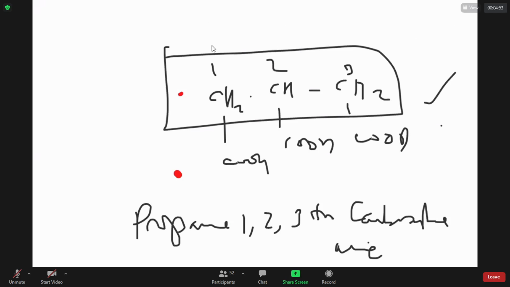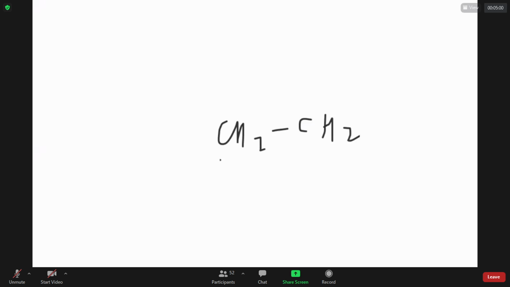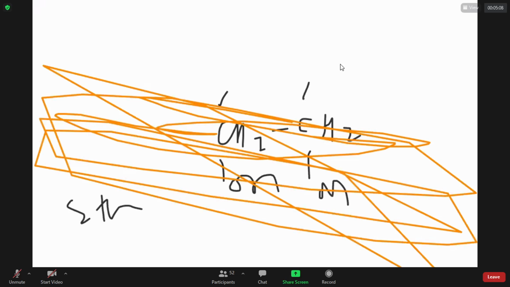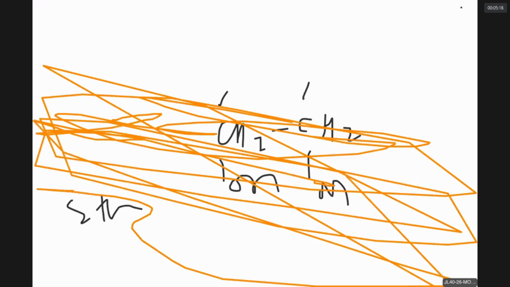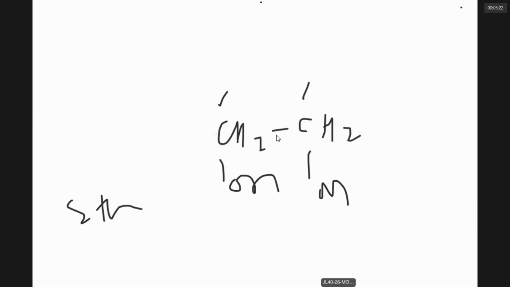Next, 16. CH2OH. It is having 2 carbons, so eth. Between carbons, single bond, so an. Ethane-1,2-diol.